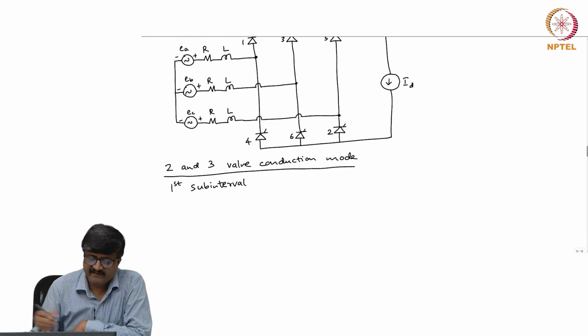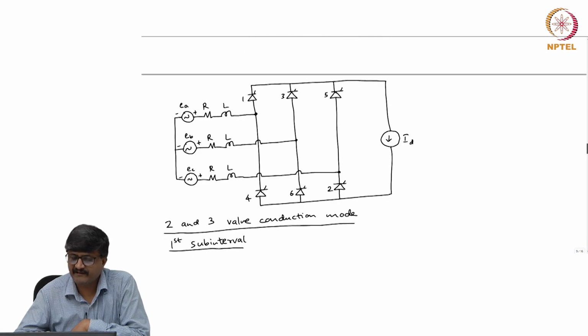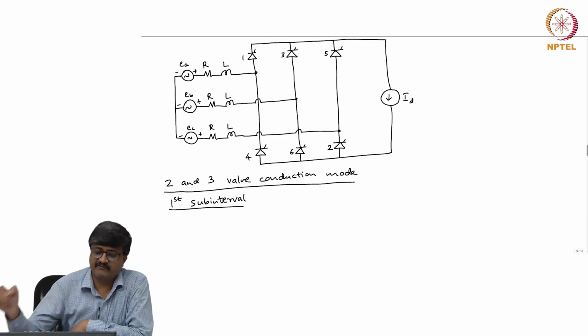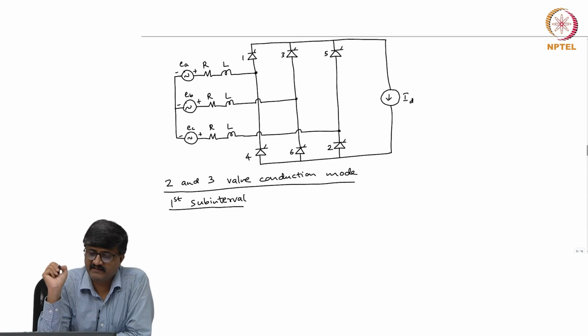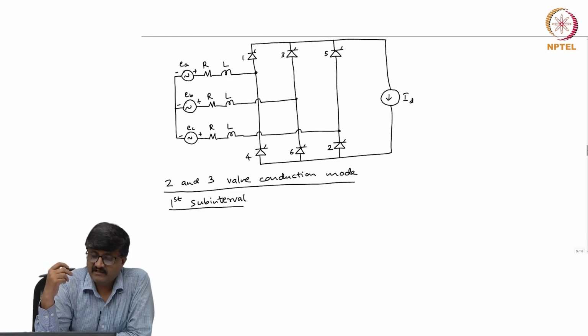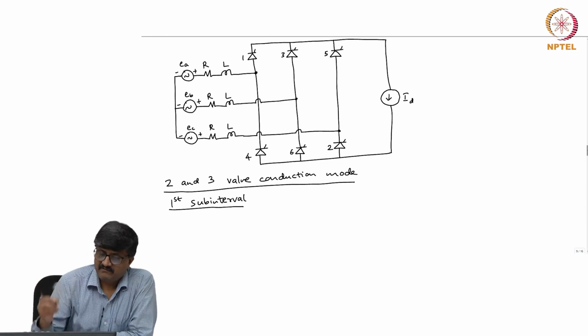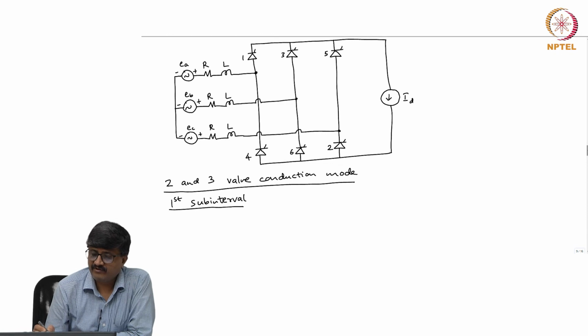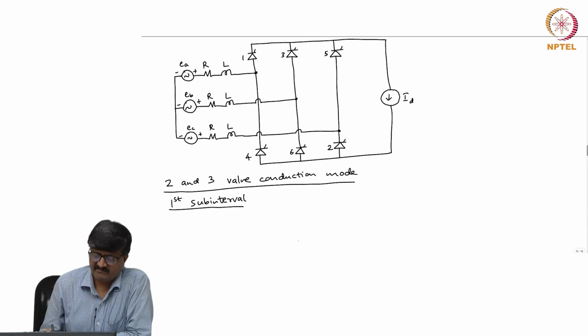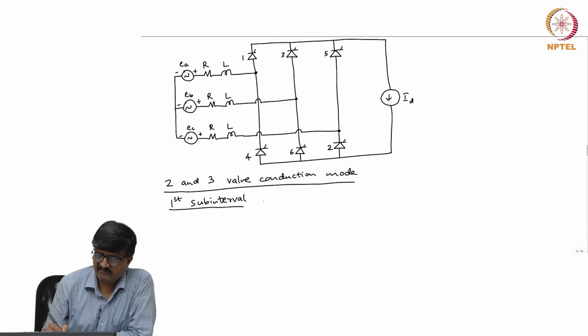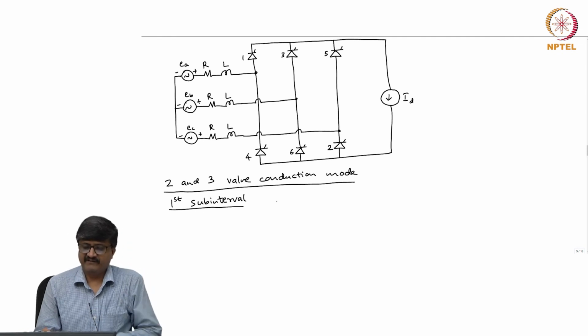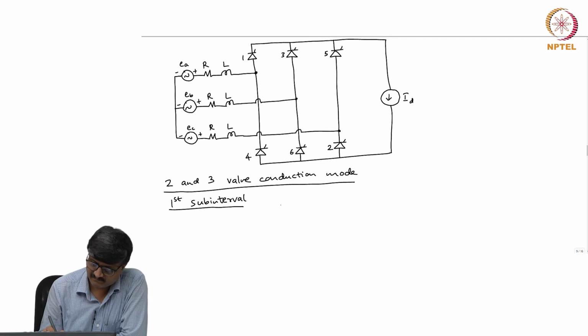If I redraw the circuit diagram by showing only the elements that conduct: among the 6 valves only the valves 1, 2 and 3 conduct and 4, 6 and 5 do not conduct. So, let me redraw the same circuit by not showing the valves 4, 5 and 6.